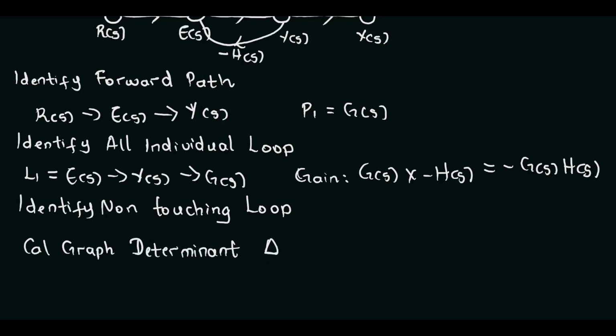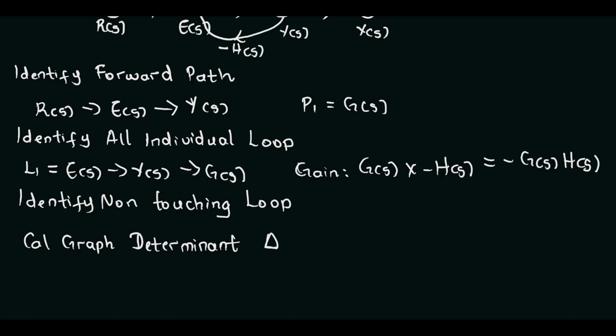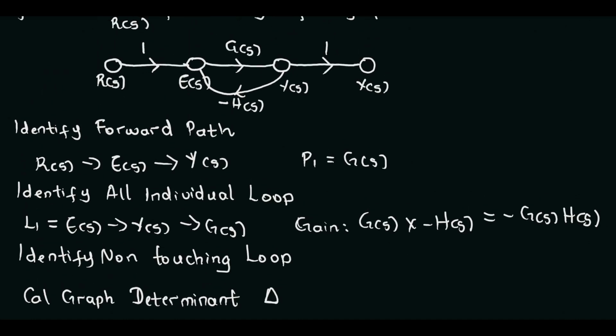So the graph determinant for your first part is delta 1.